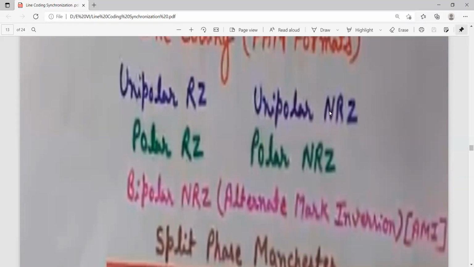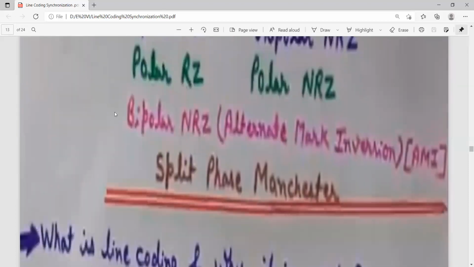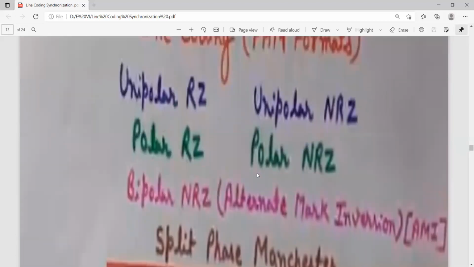Then unipolar non-return to zero, polar return to zero, polar non-return to zero, then bipolar non-return to zero, which is generally called alternate mark inversion, AMI. Then split phase Manchester. So these are the different types of coding techniques.